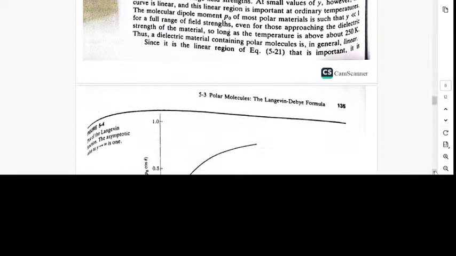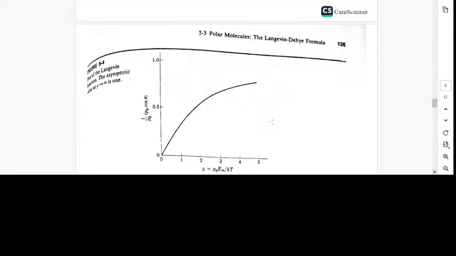At small values of y, however, the curve is linear. Yes, we can see from this figure that approximately up to y equal to 2, this line is linear.